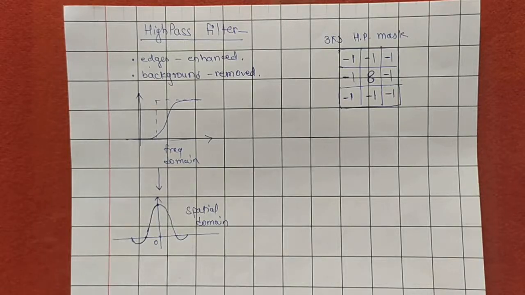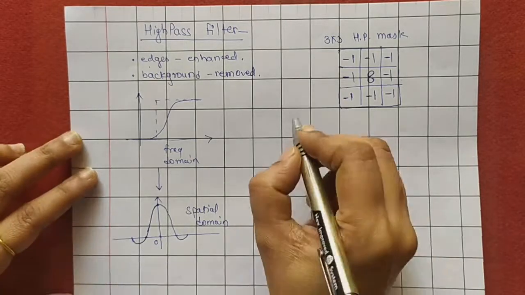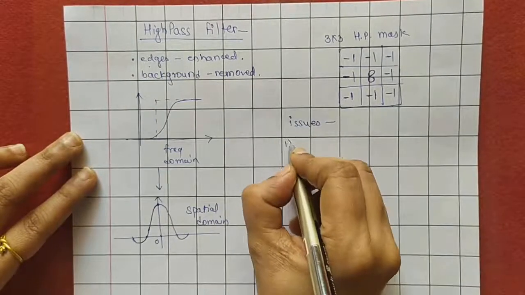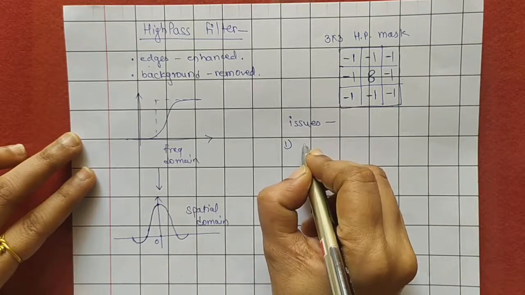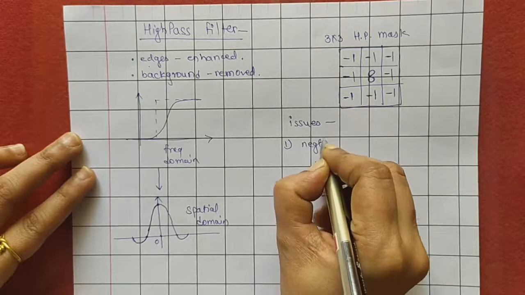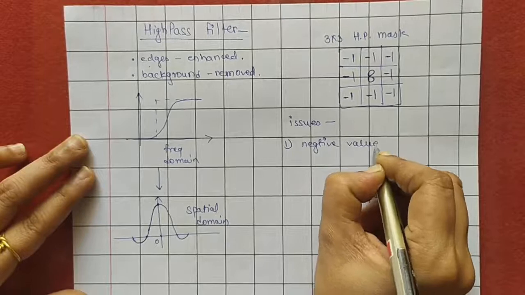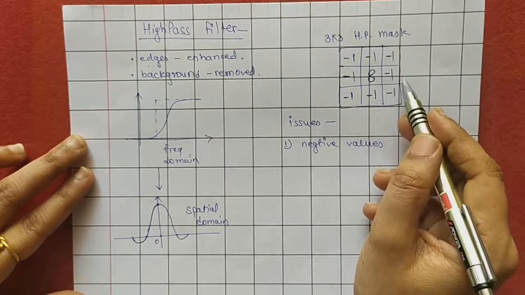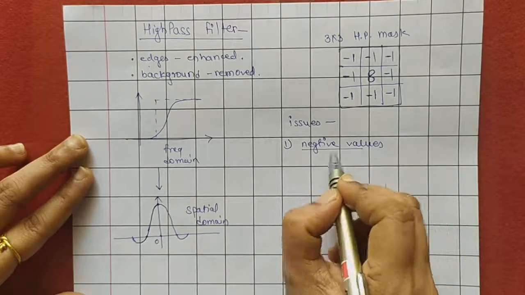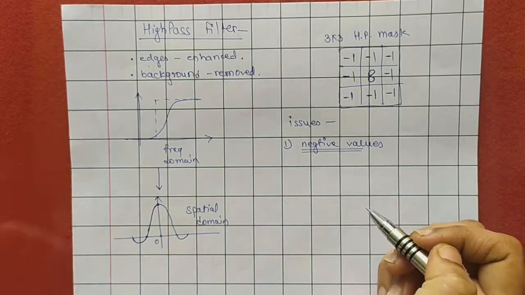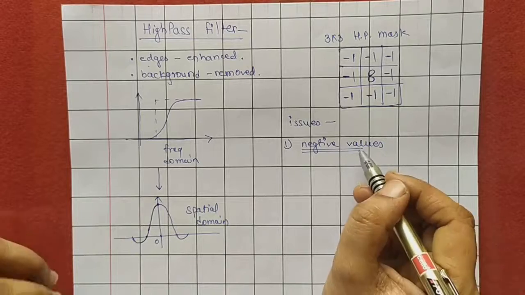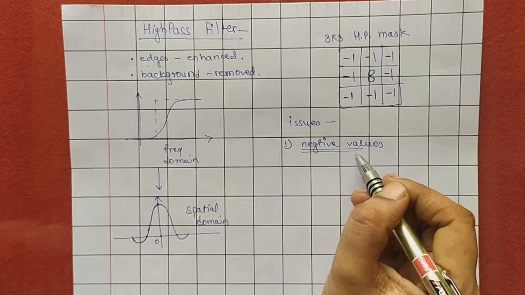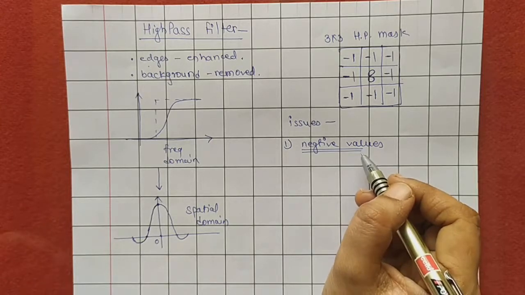So there are mainly two issues observed during the high pass filtering. First issue, sometimes we get negative values after doing this filtering. In the resultant image we'll get the negative values, and we cannot represent the pixel value as a negative value. So how can we deal with this?